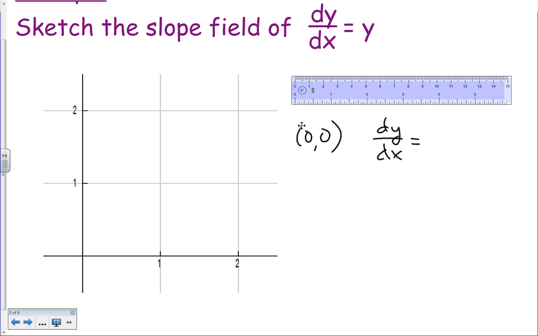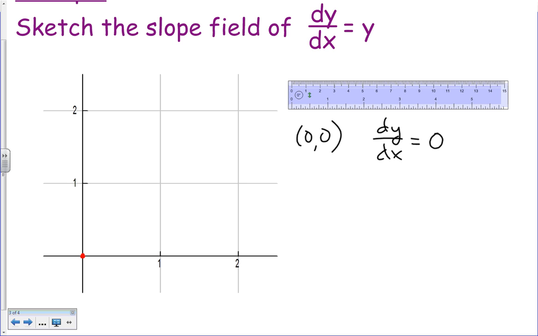All I've got to do is plug in an x and a y value, and it tells me the slope at that point. So we have the point x is 0, y is 0. Our differential equation is just dy/dx equals y. There is no x, so just replace the y with the 0. We end up with dy/dx equal to 0. So at the point 0, 0 on our graph, we have a slope of 0.